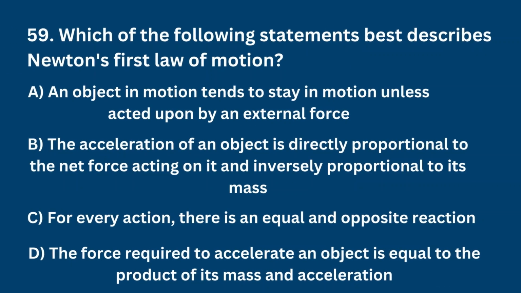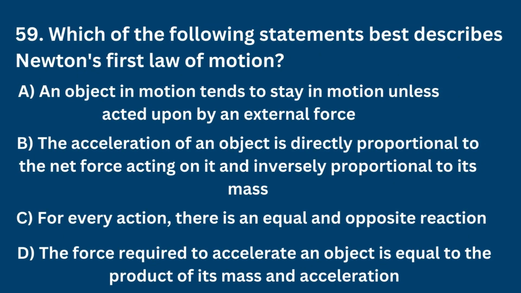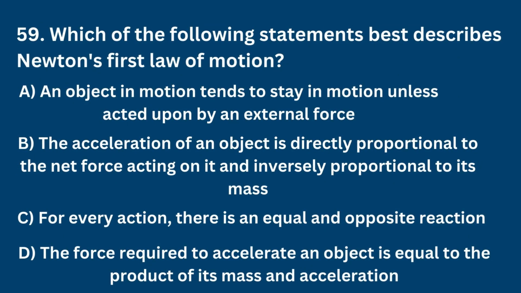Which of the following statements best describes Newton's first law of motion? The options are A. An object in motion tends to stay in motion unless acted upon by an external force. B. The acceleration of an object is directly proportional to the net force acting on it, and inversely proportional to its mass.